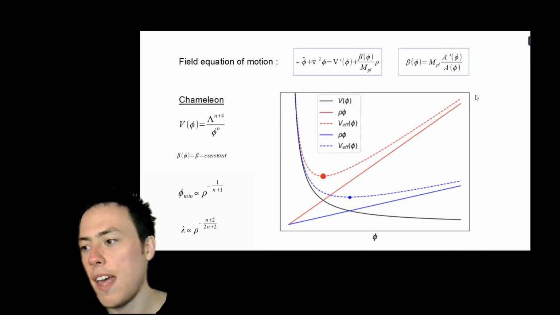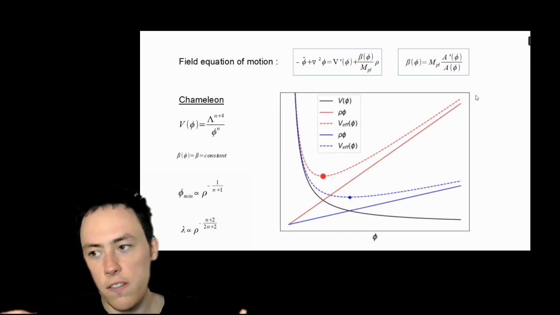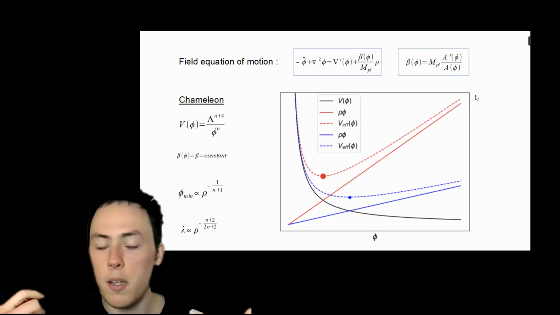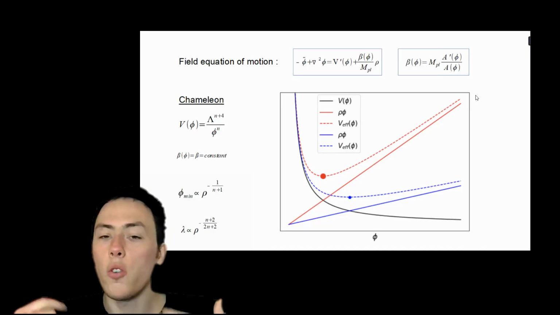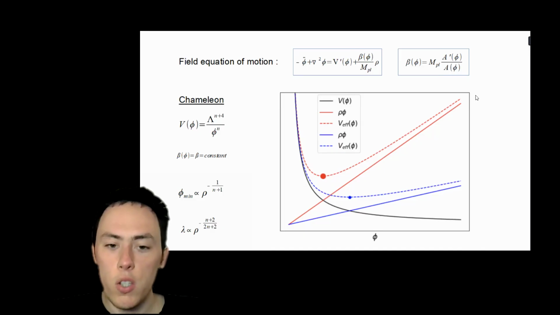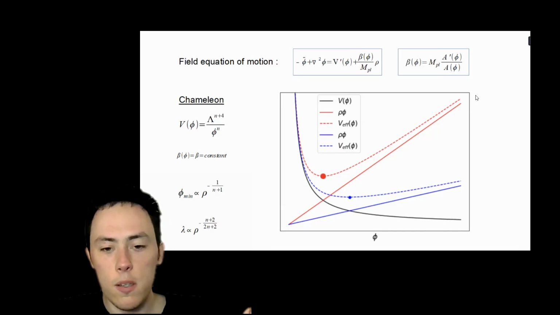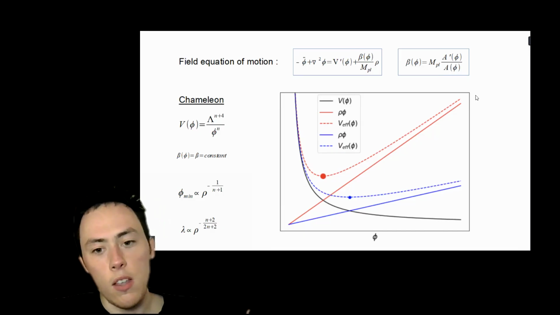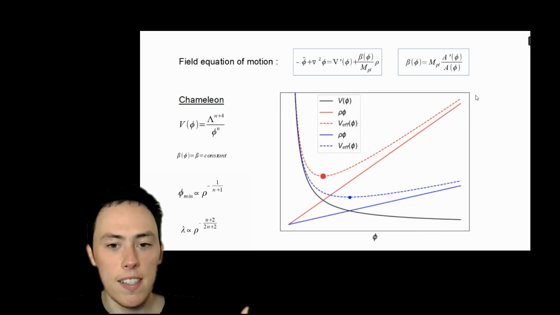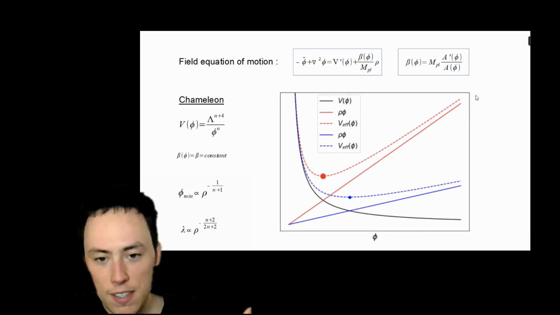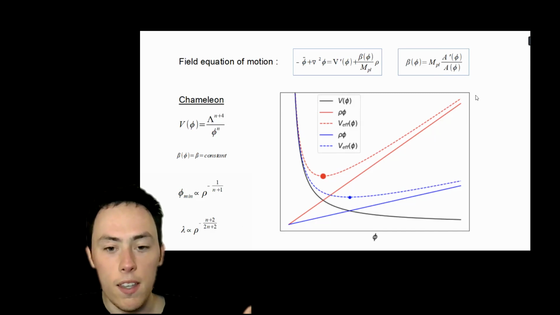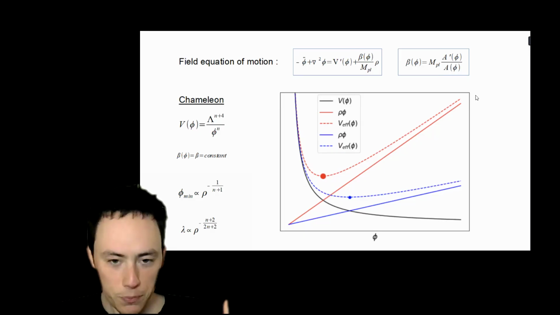And what this means is that the mass of the field is going to depend on that rho. So for the red plot, the minimum is at one value of phi, and it has some mass. For the blue curve, where the density is less, it's less steep, and so the mass is also less.